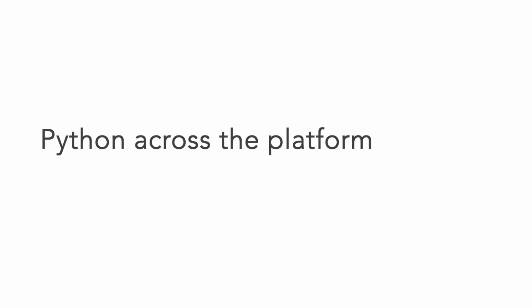Python is this glue that holds together all of these different pieces, and we have made huge investments in Python over the last few years and continue to. And with that, I'm going to pass it over to my colleague Sean Walbridge, who's going to talk a lot more about the role that Python plays across the platform and specifically in spatial data science. So Sean, take it away.